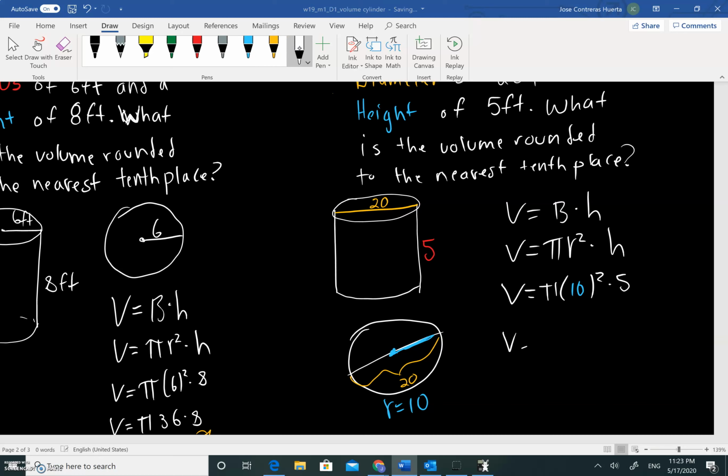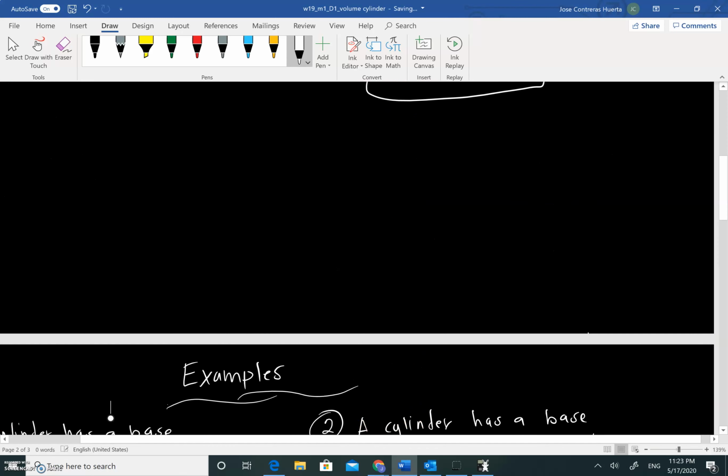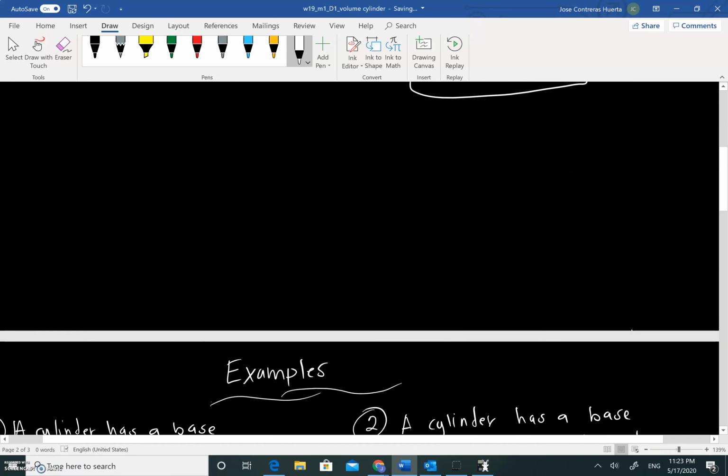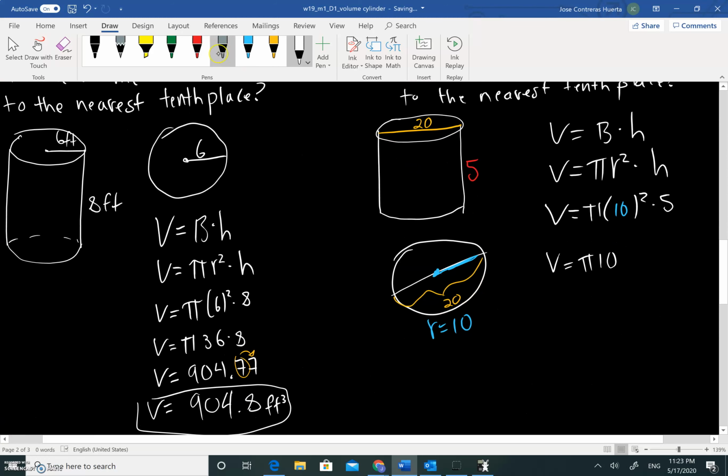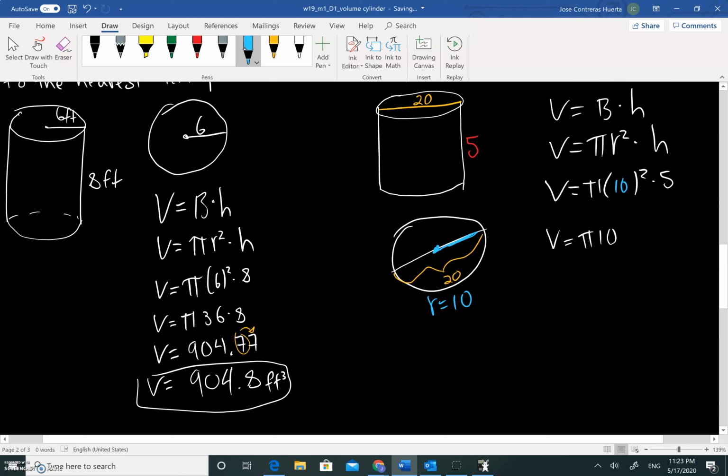So this is going to be V is equal to, well, 10 times 10. Now let's show the whole thing, so that way I can show you why it is going to be feet cubed. So it's going to be 10 feet. Sorry, my pencil's acting up. Okay, so this is going to be 10 feet. Let's use green.